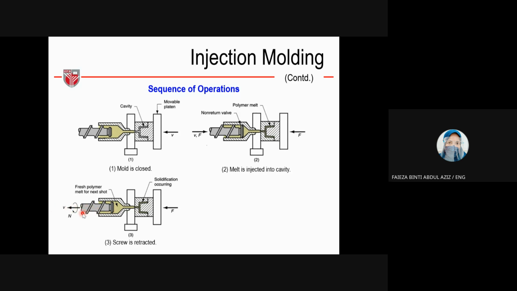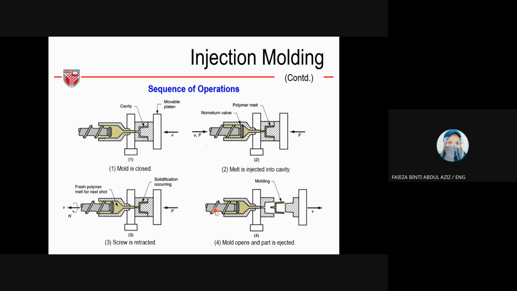Then we wait until solidification occurs. And finally, we eject. The mold opens and the part is ejected and drops down here. So these are the parts.